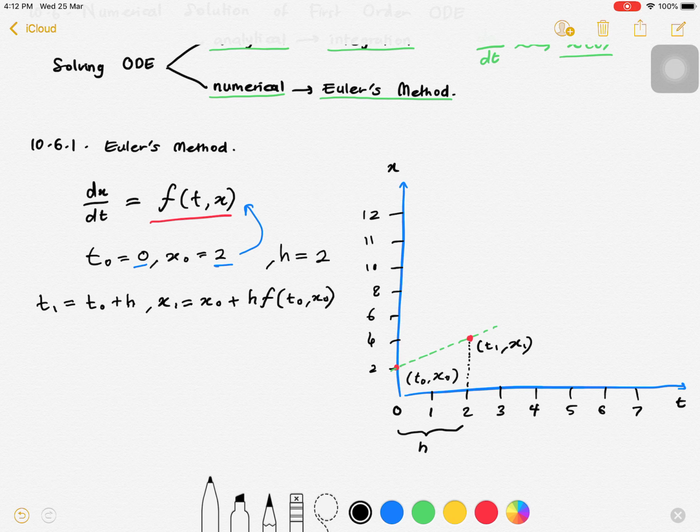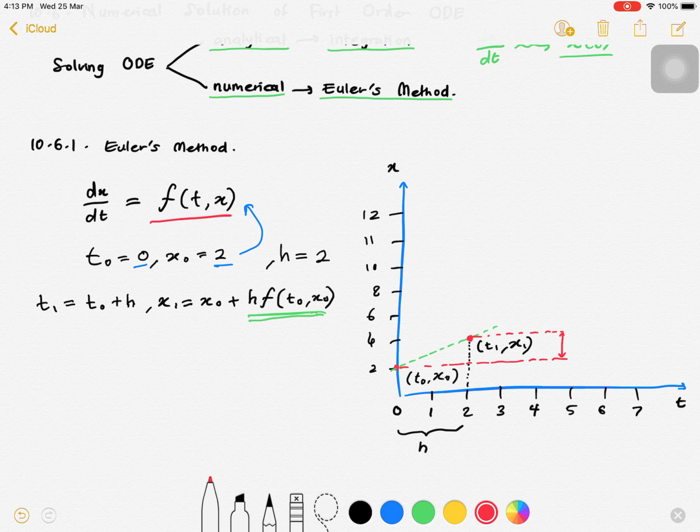So why do I use this component? Because this is the gradient times the time step. So when we do that, we will get the increment of x. What this component actually means is this height.